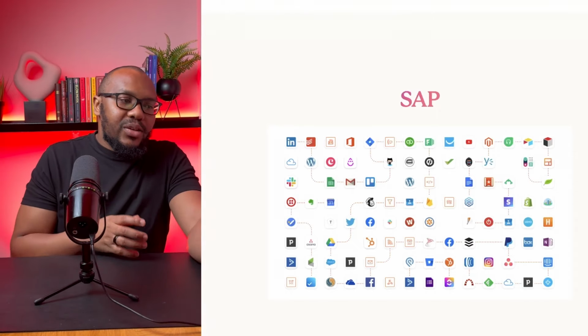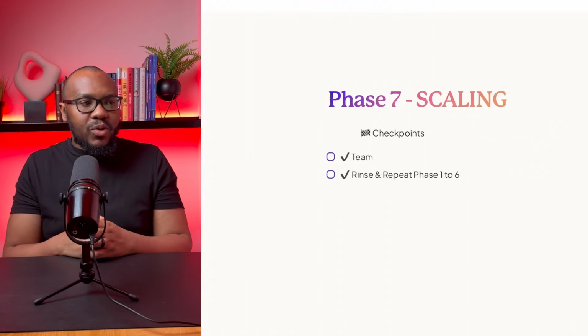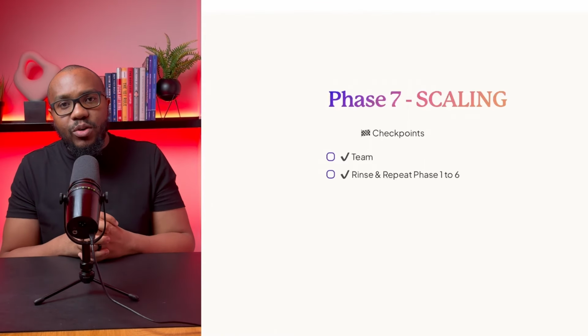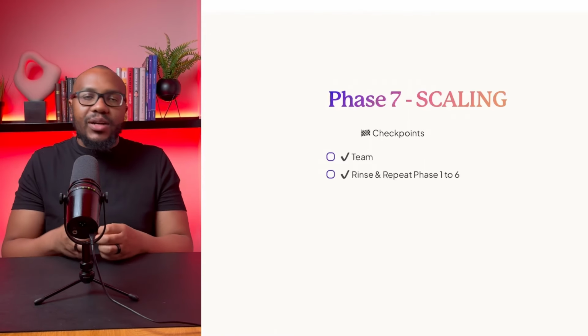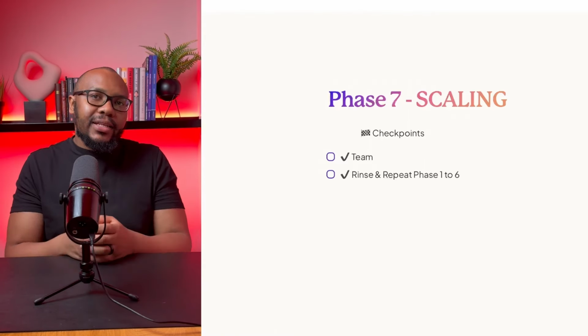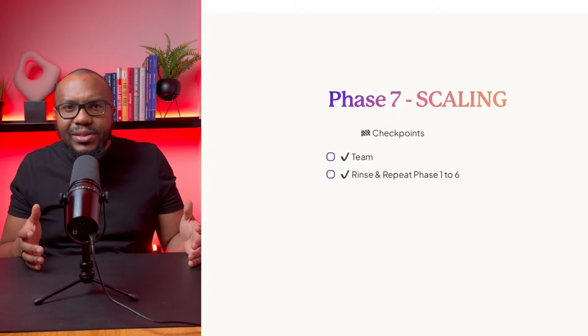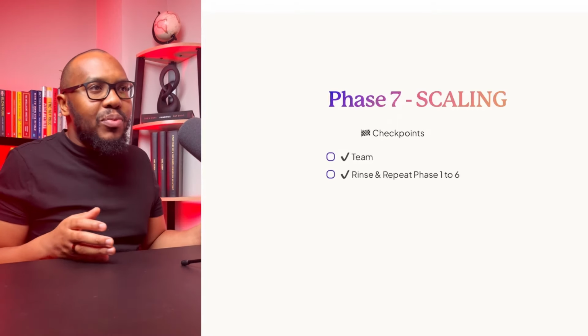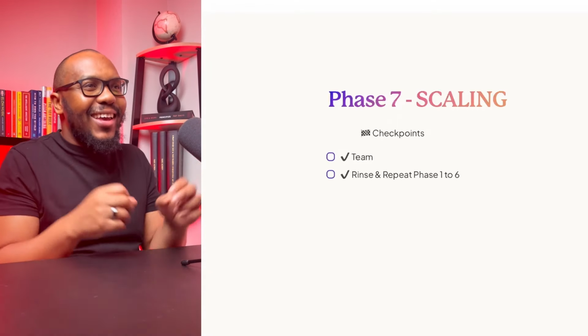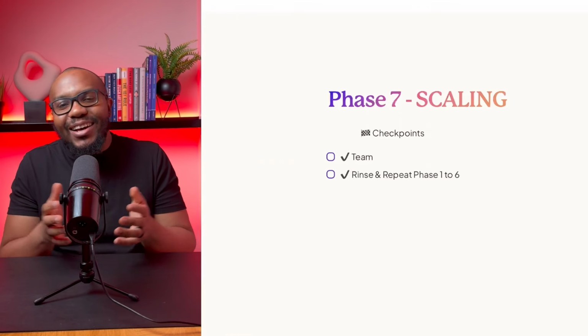Okay, the last phase of this module, and I hope you've enjoyed the course, is actually scaling. You've applied everything from phase 1 up until phase 6. You've got your property, you're now a guru, aka guru. Now I'm joking.